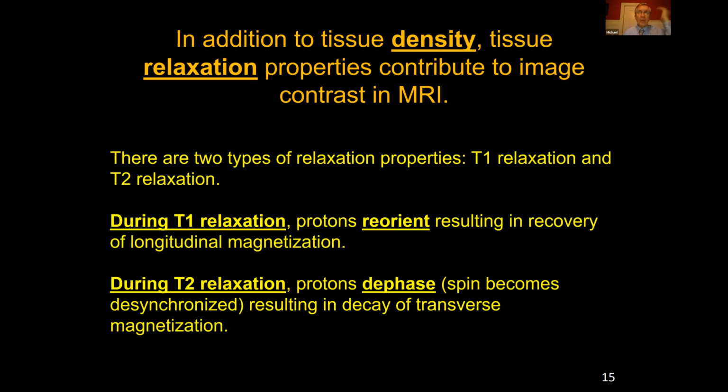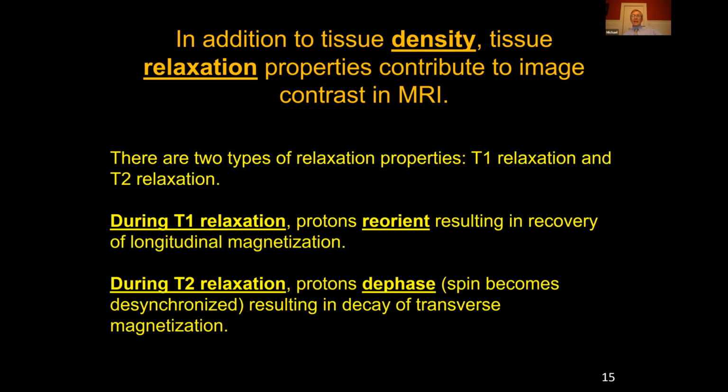So when we think about what are we really seeing in these scans, we're seeing tissue density, tissue relaxation, and we call these the T1, the T2. These are the different time periods after the magnet turns on. So it's really just how many milliseconds after the magnet's turned off do we acquire the image.